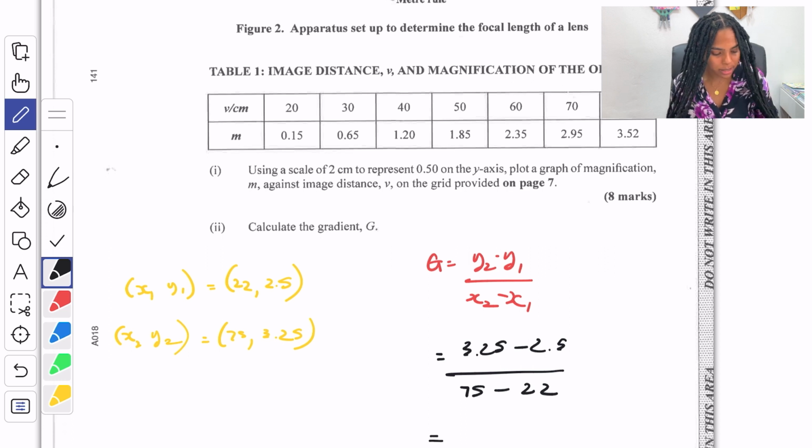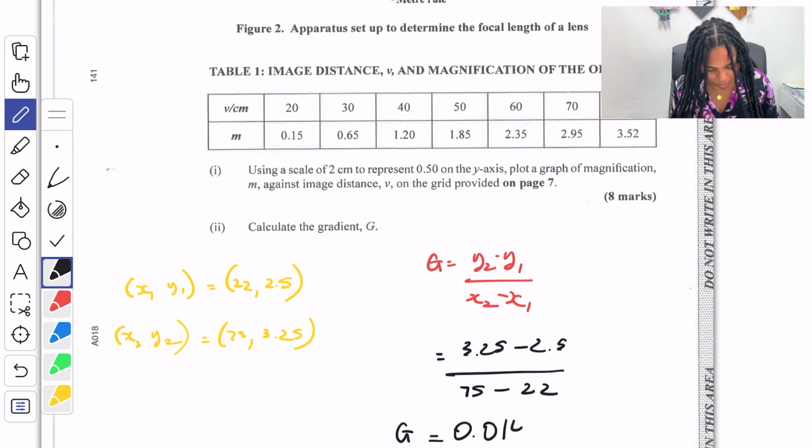So if I put this in my calculator, 3.25 take away 2.5 divided by 75 take away 22. So that gives me a gradient of 0.014.